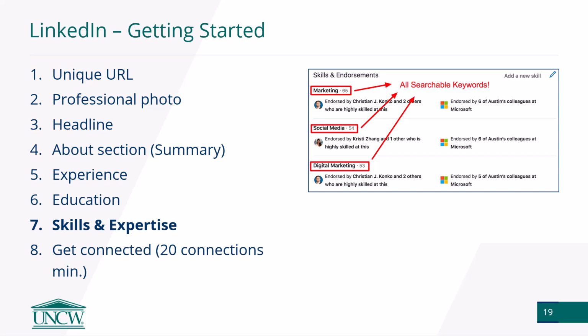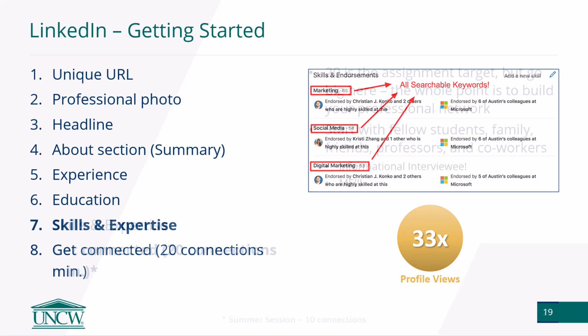But the more that you put in here and you have endorsements for, that again adds to the credibility of the list. And one thing we always talk about is the more skills you have that you put in here, this will encourage people to look at your profile, and those that have a robust skills list show up in profile views 33 times more often than those that do not have this built out.